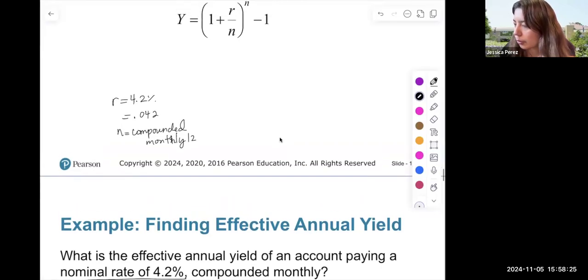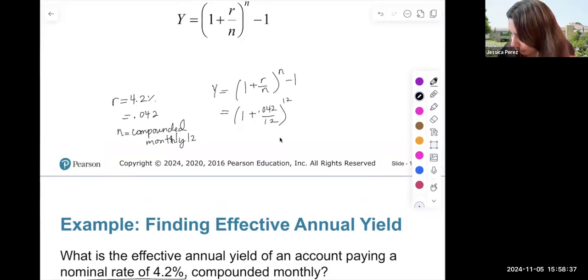So we're going to use y equals 1 plus R over n, raised to the n, minus 1. That's going to be 1 plus 0.042 over 12, raised to the 12, minus 1. And that is the effective annual yield.